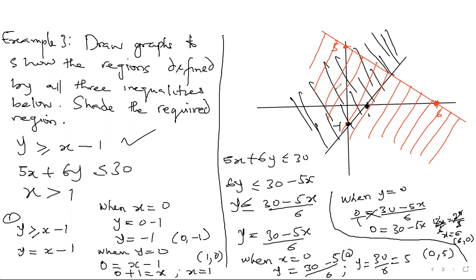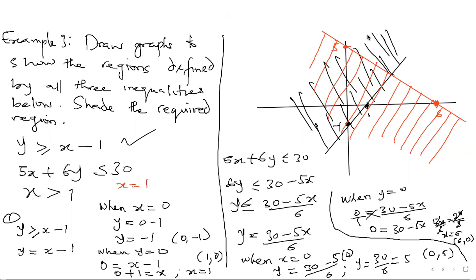Now, I need one more inequality to show x greater than 1. That means I need a region that is greater than, for x greater than 1. I need to plot x equal to 1. So how do I show x equals 1? It's going to be a vertical line. Let me use another color, blue, a vertical line that passes through 1.